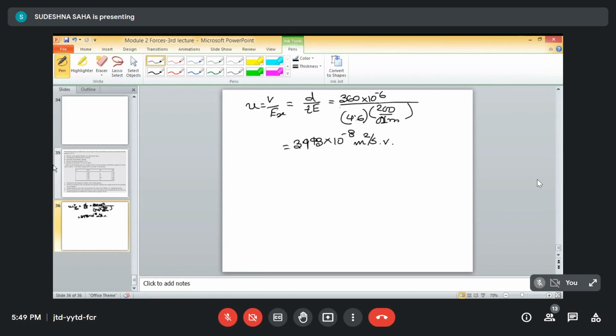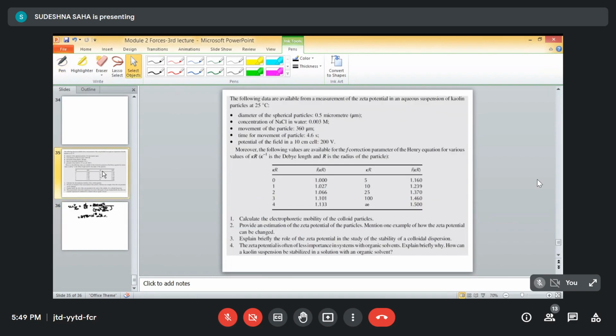Okay, and then they have asked for, so this is the electrophoretic mobility of the colloidal particles. You have to provide an estimation of the zeta potential of the particles. Mention one example how the zeta potential can change.